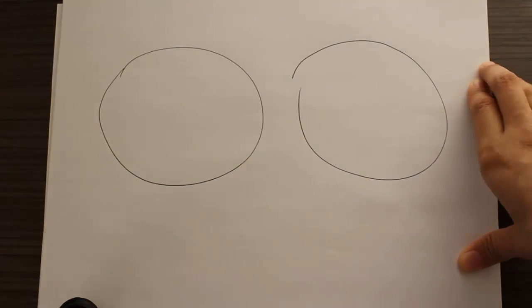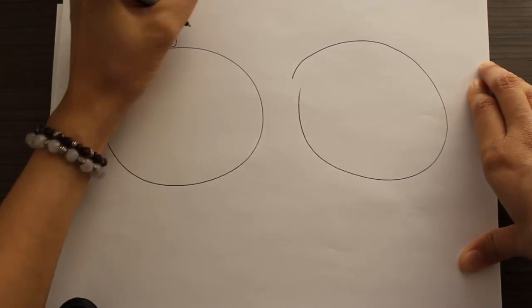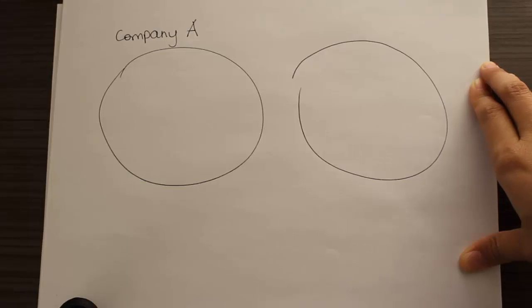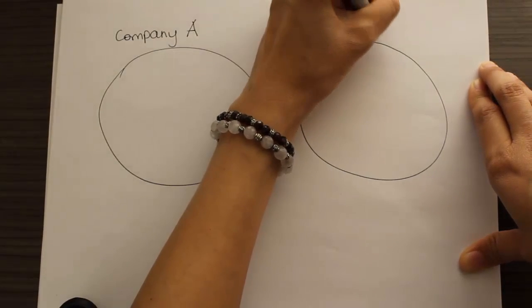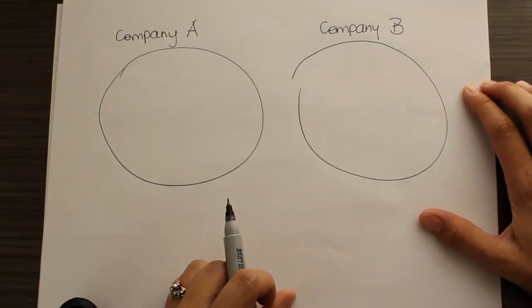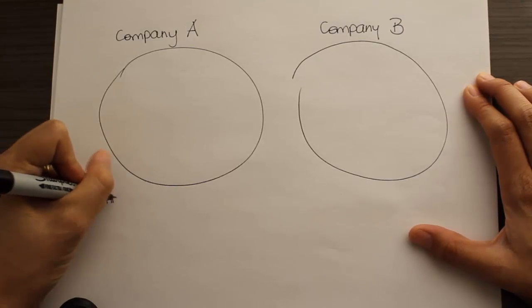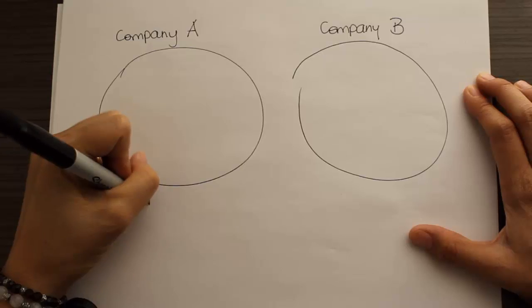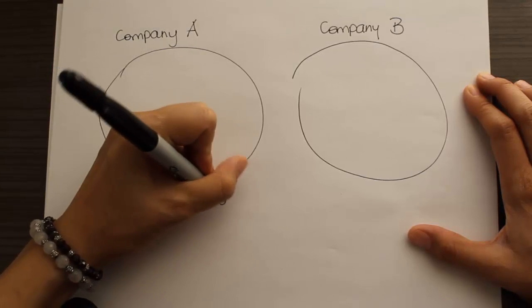Company A and company B. Okay, so in company A, we're going to look at a high inherent risk and control risk situation.